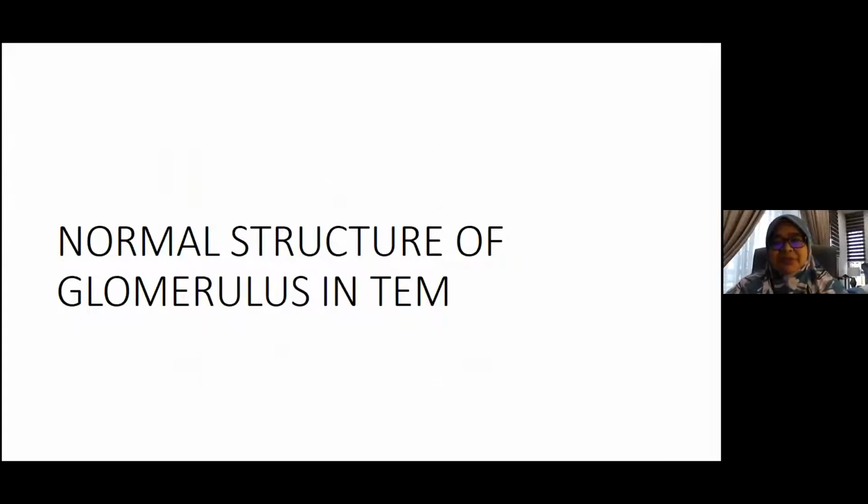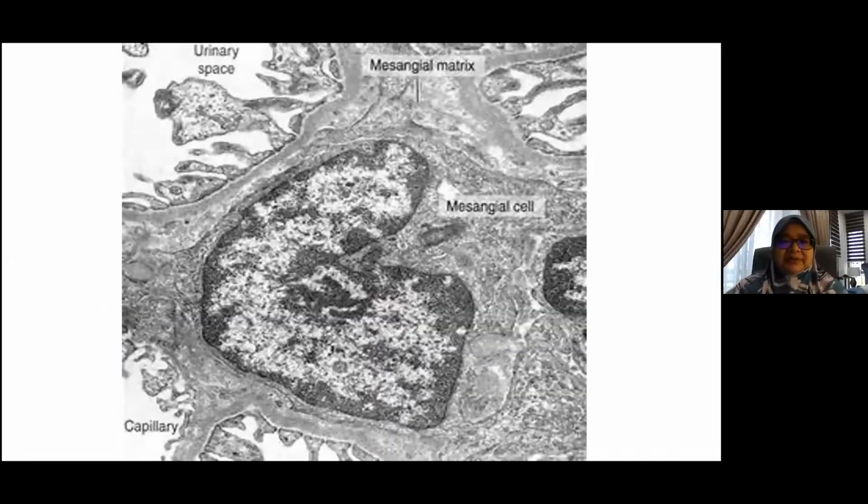Okay, before we proceed, I will give you some examples of a few cases that have come to me through referrals from various centers. But before we go through the various cases, I'll briefly enlighten you on the normal structure of the glomerulus in transmission electron microscopy.